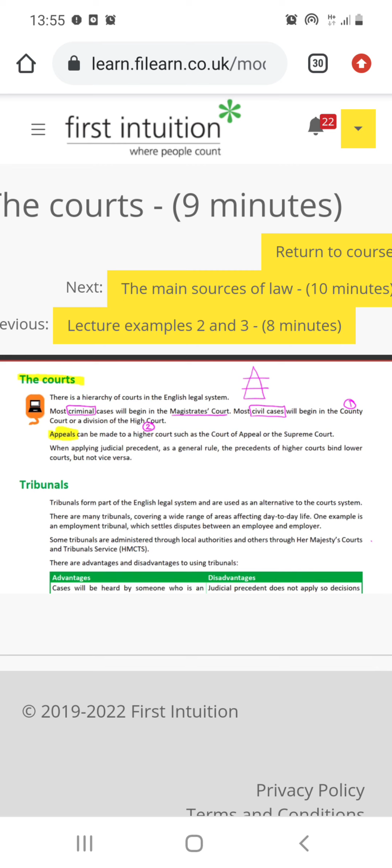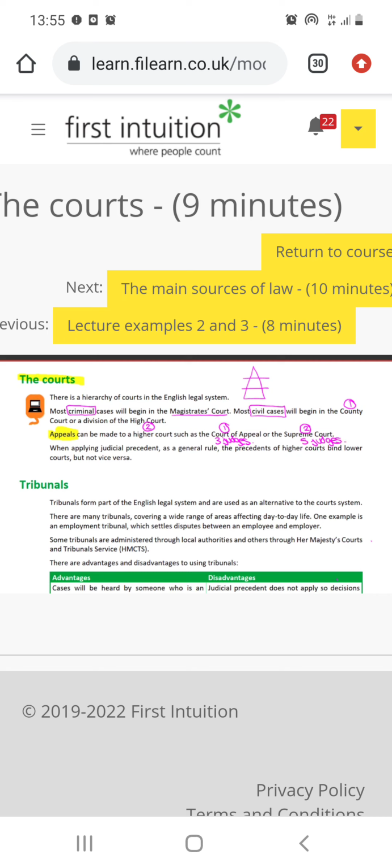Appeals can be made to the higher court, such as the Court of Appeal or the Supreme Court. So the Court of Appeal, first of all, is where there are three judges. Or if you're really, really not happy, you might take it to the Supreme Court. This is the highest UK court, and there are 5 judges here.